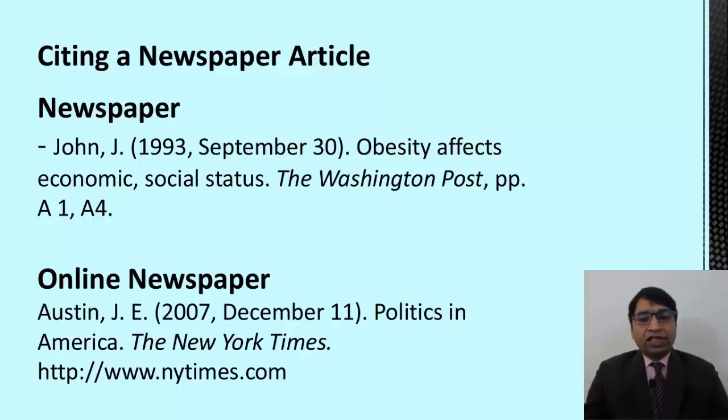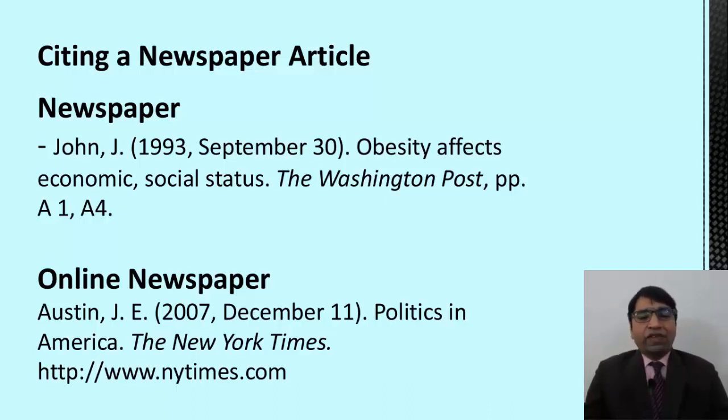And then in the same way, the title of whatever the column is in simple text, the newspaper name in italic, and because the pages are usually multiple, if the page is one, you don't need to mention anything, right? If there are multiple pages, then you should write pp, full stop, space, and then the page numbers.